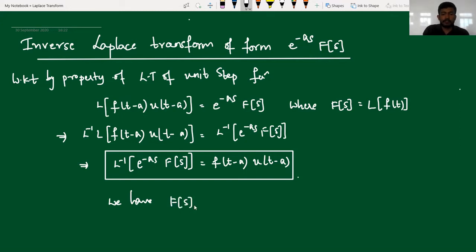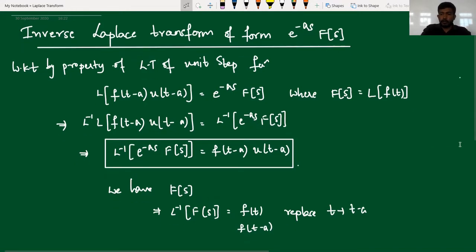Using this, we find f of t by taking the inverse. So the inverse transformation of capital F of s is equal to f of t. Once we find f of t, we replace t by t minus a to get f of t minus a, where the value of a is given in the question itself.